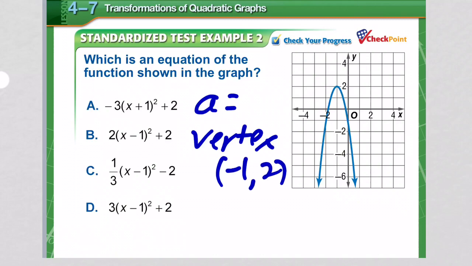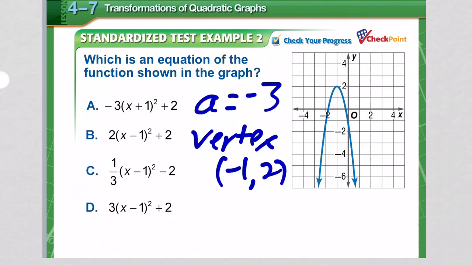And then from there, what I want to do is I find another point that my parabola goes through. So in this case, it would be here at the y-intercept. So I'm going to count my slope from the vertex down to that y-intercept. So that would be a -1, 2, 3 over 1. So I would have a slope of -3.